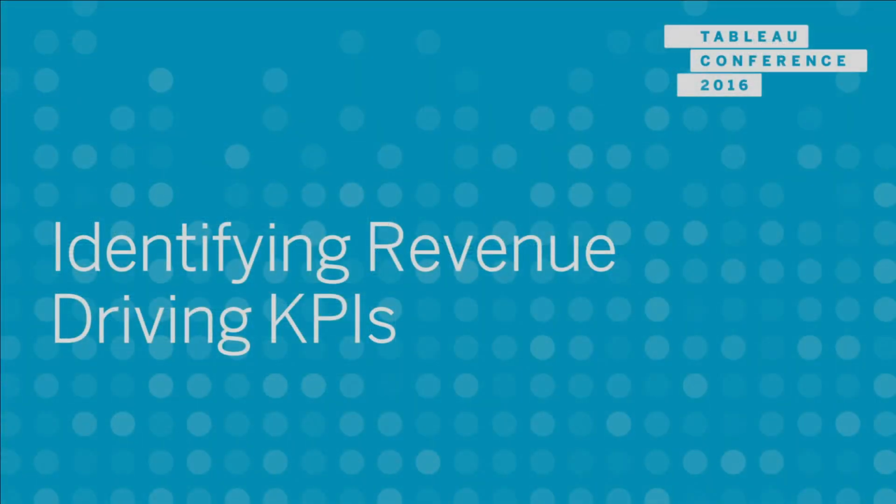So once you start to drive those more effective calls, now you're going to need to identify some revenue-driving KPIs, or key performance indicators. Here at Tableau, we are measured on having 2x of our total quota by the end of month 1. And how we got there was we analyzed past sales of where we started on day 1 of a quarter, where we ended, what reps had in their pipeline at that time, and what they ended with.